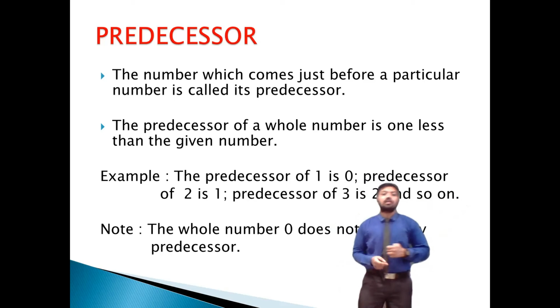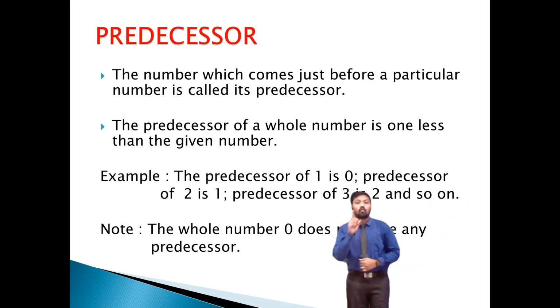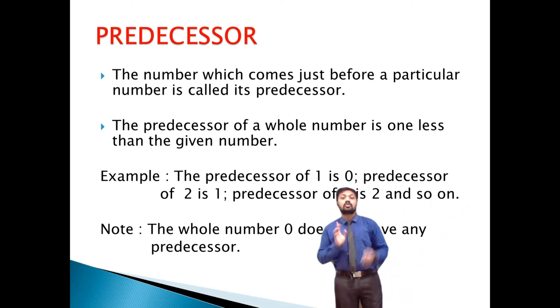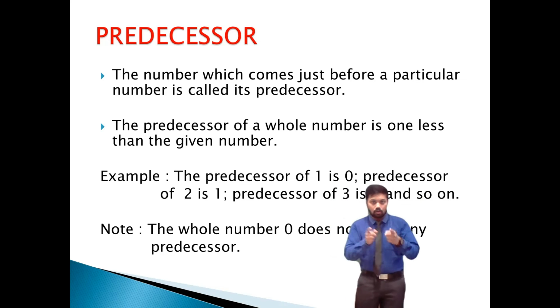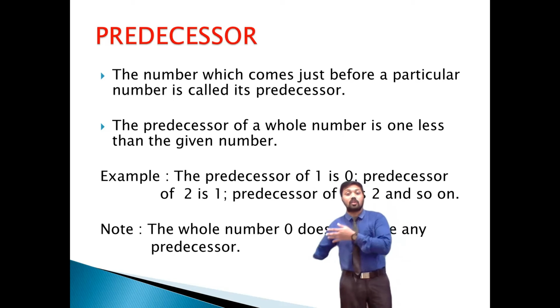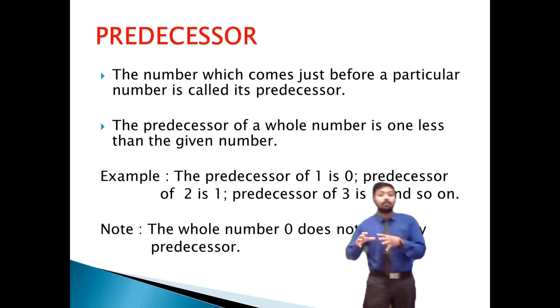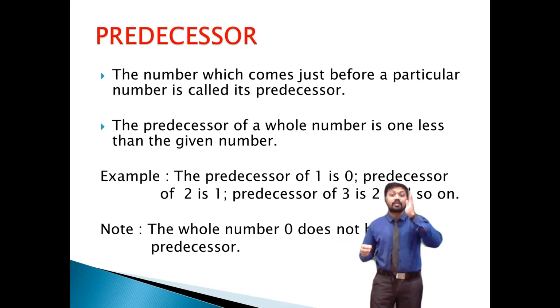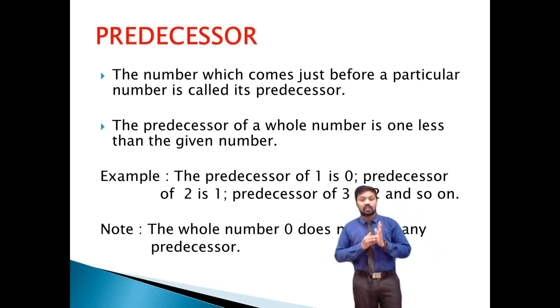In the same manner, what is the predecessor of 1 in natural numbers? If you say 0, you are wrong, because 0 does not belong to the natural numbers. I asked in the natural number set. So 1 does not have a predecessor in the natural number set, and 0 does not have a predecessor in the whole number set.